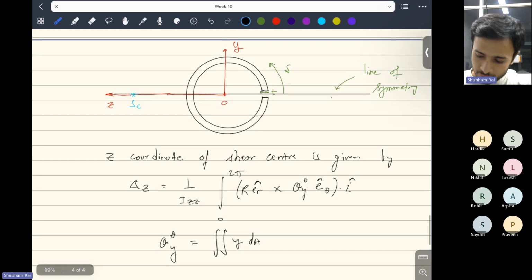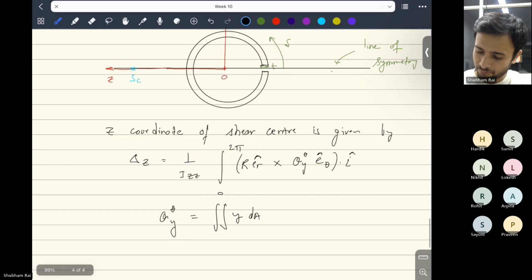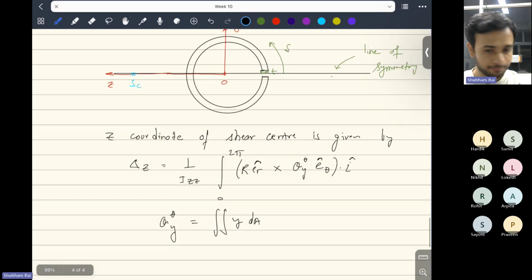So let me just take a small element. If I take a small element of this annular disk, how will it look?